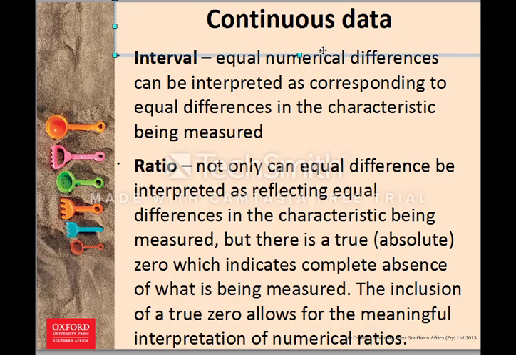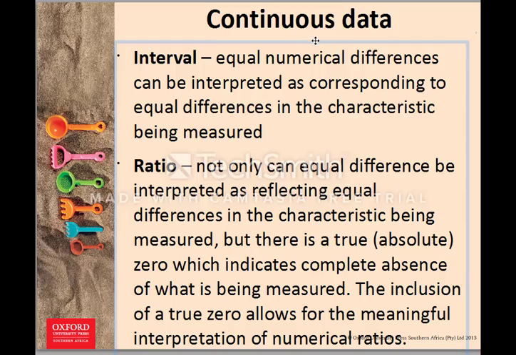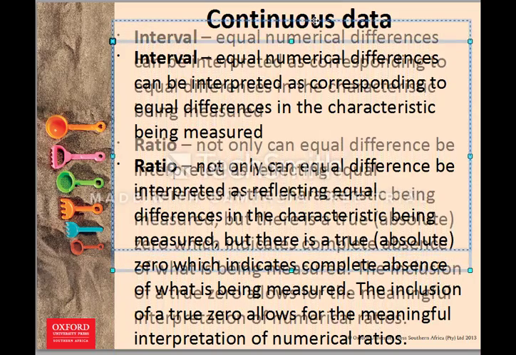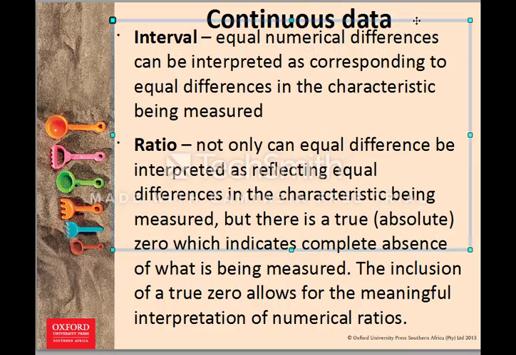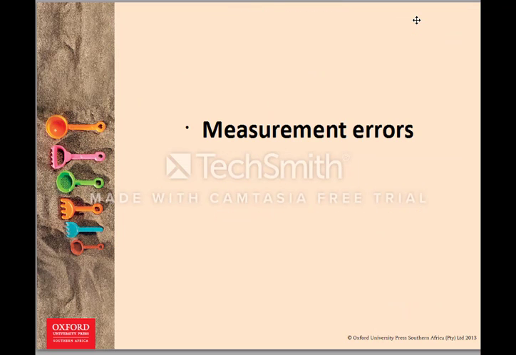So something like money is ratio data because it has a true zero. You can have zero money. If you start a stopwatch, you can have 0 time, the time that you started, and then you measure from there. So ratio has equal differences, and you can measure the differences between the different points, and also has a true zero, which means that there's nothing there. There's nothing to measure. Means we can use ratios.